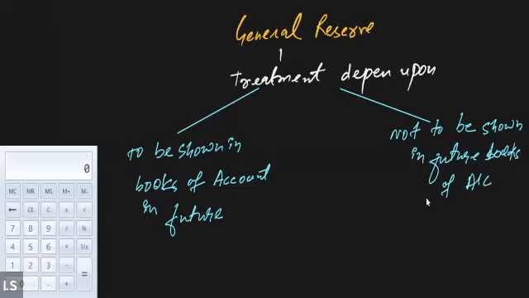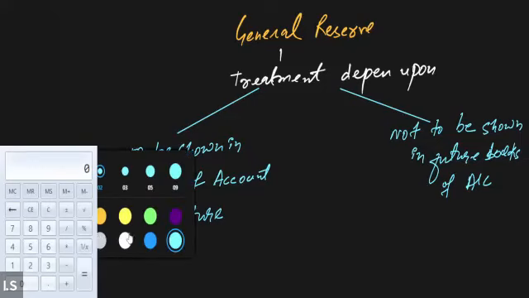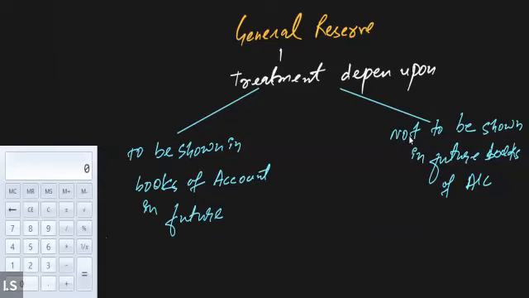First could be that partners have decided to show the value of the general reserve in the future books of account as well. And the second situation could be they have decided not to show it in the future books of account. Now let me discuss the second scenario first, scenario B.